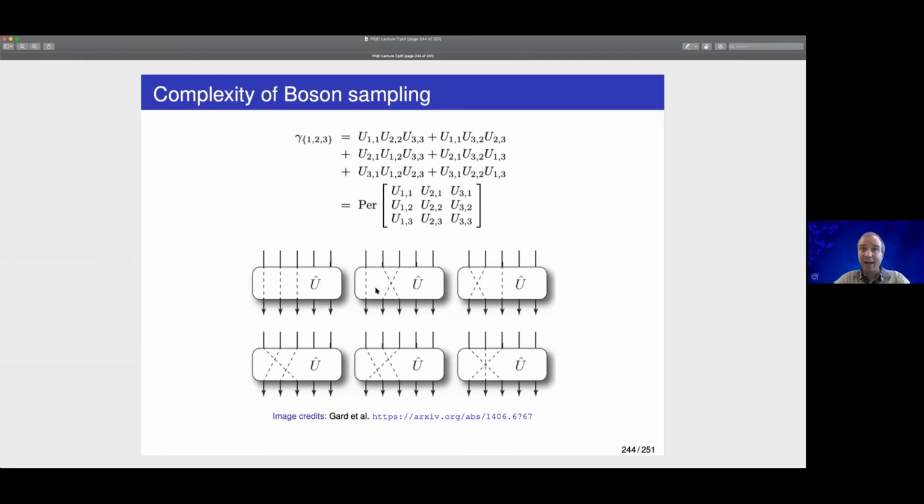And these different paths are related to the rows and columns of the unitary matrix, and involve the computation of what is called a permanent, which again is difficult to compute classically. Estimating this or computing this efficiently would provoke a collapse of the polynomial hierarchy.